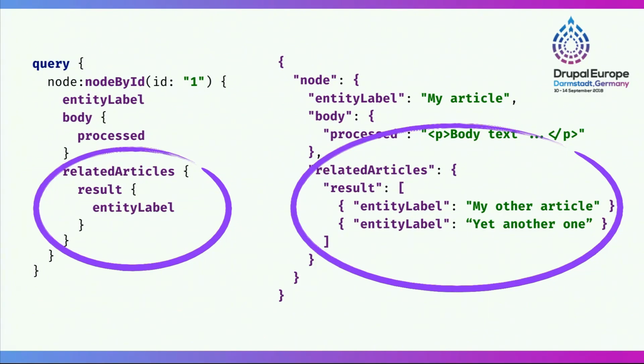In this case, it would execute a views configuration that takes the node as a contextual argument and does some perhaps tags magic or whatever to calculate which other articles are related and returns them as an array of, again, node objects. And on each of these node objects that are part of this result, we again apply the same entity label function that we had before on these objects to get the label. So we can reuse functions throughout our query to get the results we want.